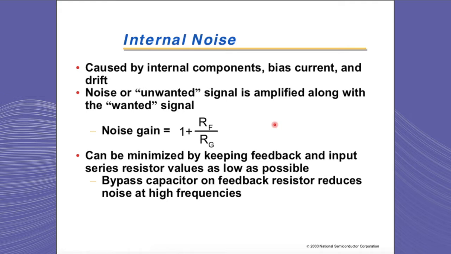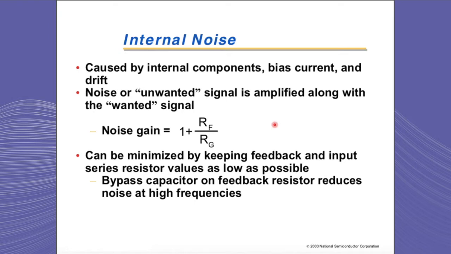Internal noise of an amplifier, as the name suggests, is caused by internal components of the amplifier, bias current, and/or drift. Noise, or the unwanted portion of the signal, is usually amplified along with the wanted portion of the signal. Noise is always gained as in the non-inverting configuration, or 1 plus the ratio RF over RG.